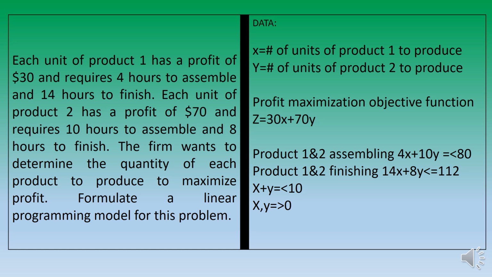Each unit of product 2 has a profit of $70 and requires 10 hours to assemble and 8 hours to finish. So product 1 and 2 have assembling times, and they have finishing times.